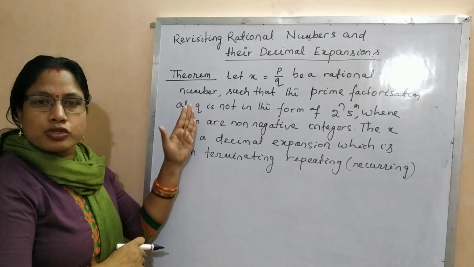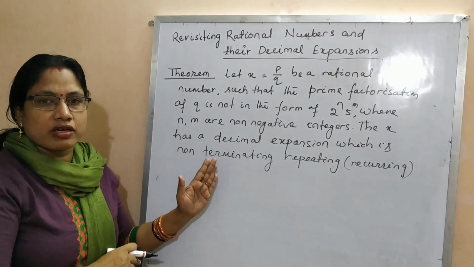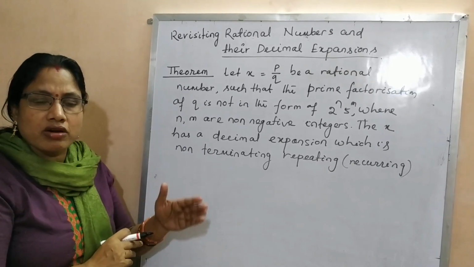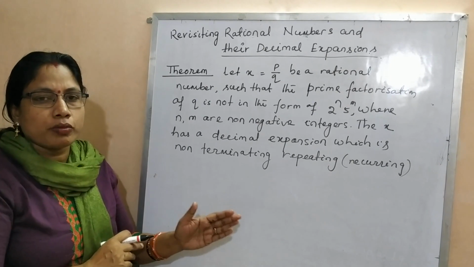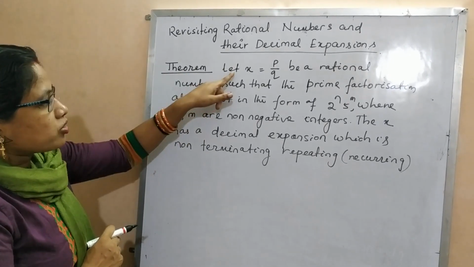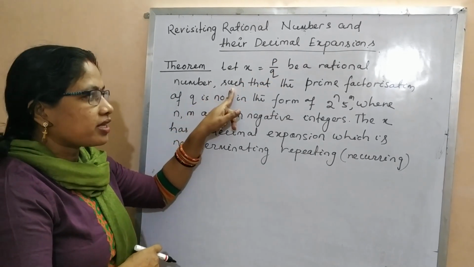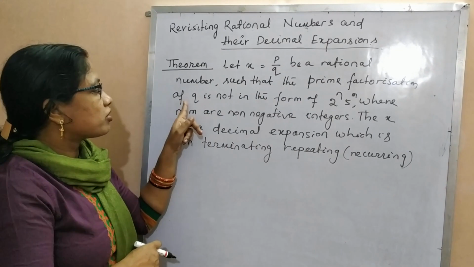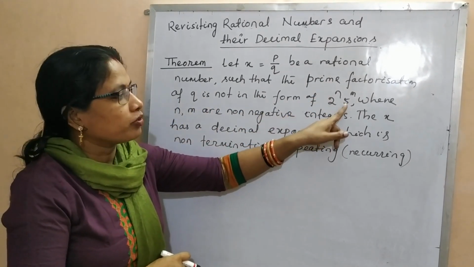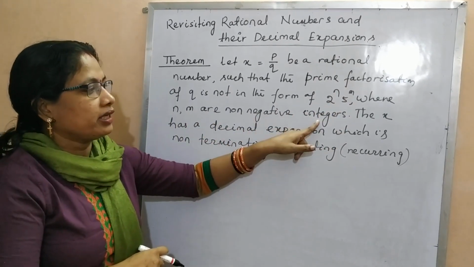In our first two theorems, we know the condition for a rational number to be terminating. Then come to the condition for a rational number to be non-terminating repeating. So here is the theorem. Let x is equal to p by q be a rational number such that the prime factorization of q is not in the form 2 to the power n, 5 to the power m, where n, m are non-negative integers.